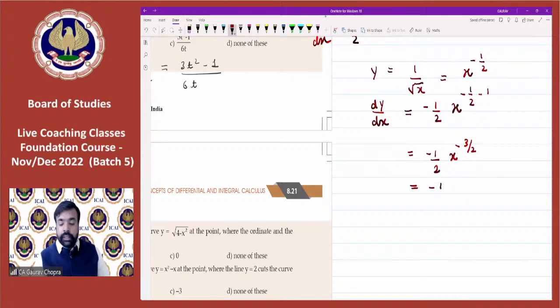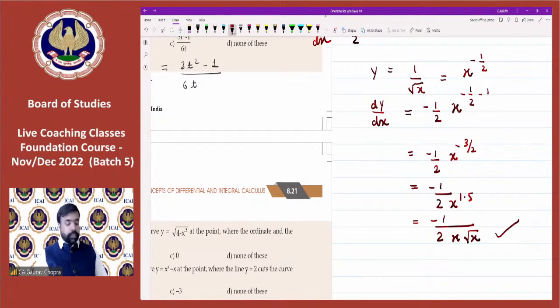Or it can be written as minus half upon x to the power of 3 by 2. 3 by 2 means 1.5, that is 1 and a half. So it can be written as 2 times x to the power of 1 and a half. In this manner, we can write the answer. Okay.